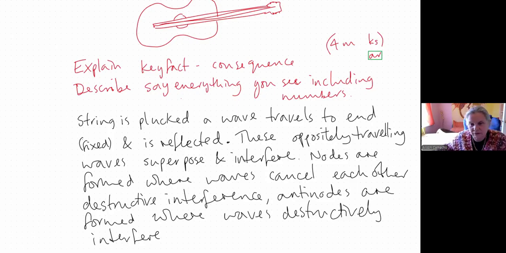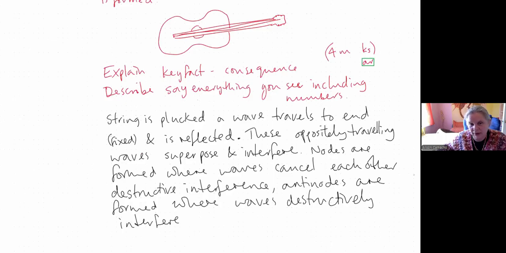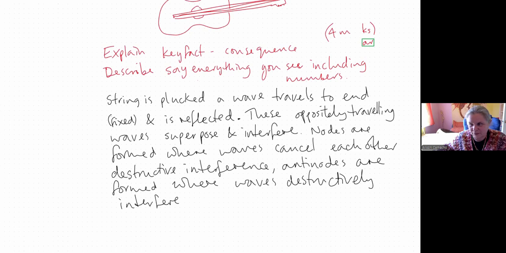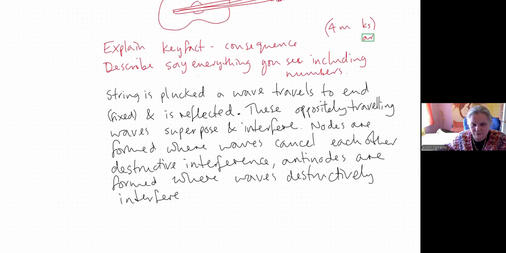Okay, and if it's a guitar string, what can you say about the ends of the string? Oh, yep, I've done destructively twice. Well spotted, my deliberate mistake, Vedant. Very, very good.